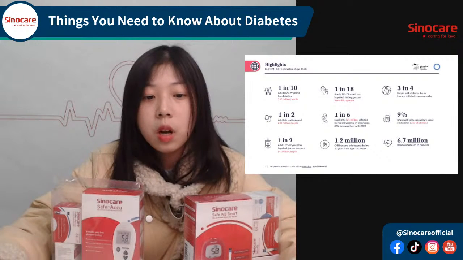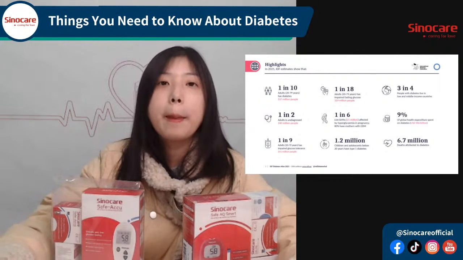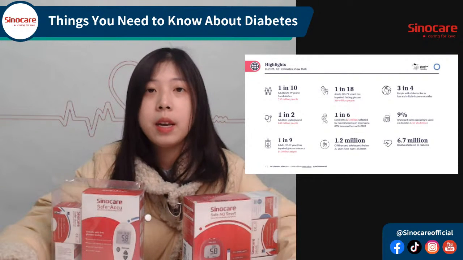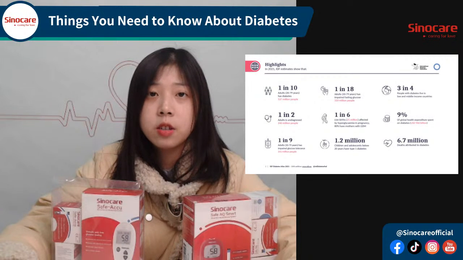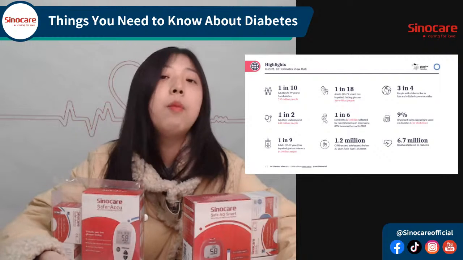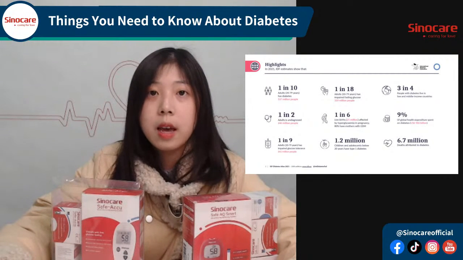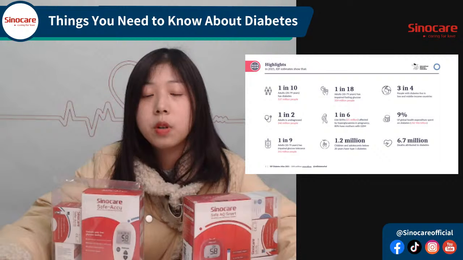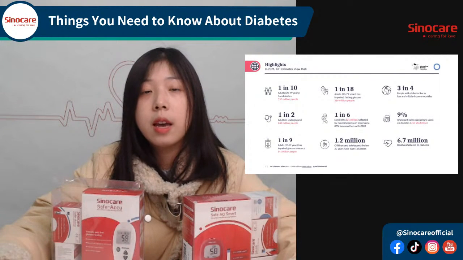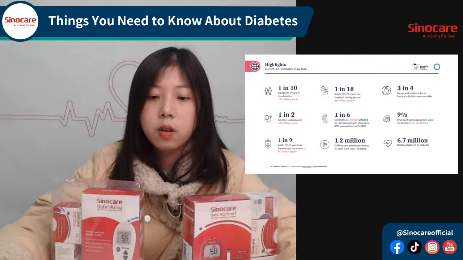Guys, do you know what type 1 diabetes is? It's different from type 2 diabetes. Type 1 diabetes is common in teenagers. So there are so many teenagers who have type 1 diabetes with no function of their pancreas. So their organs cannot produce insulin anymore, and they need to inject insulin with needles.